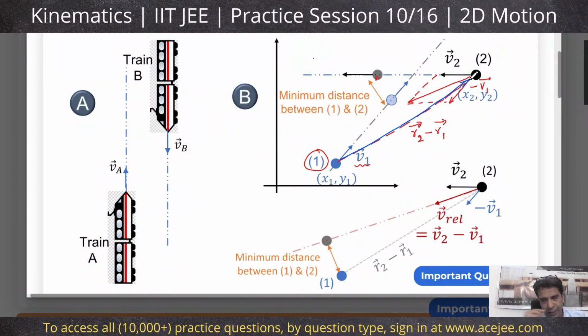Now look at what A is seeing. A thinks it is stationary. A sees this is this far away, and A sees that this is moving in this direction. What will be the nearest point? This point will be the nearest distance.